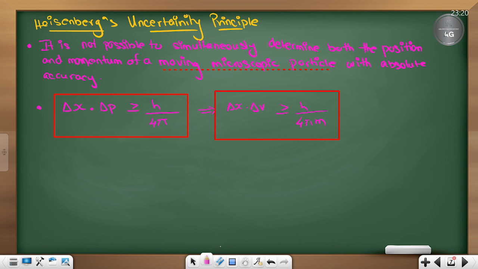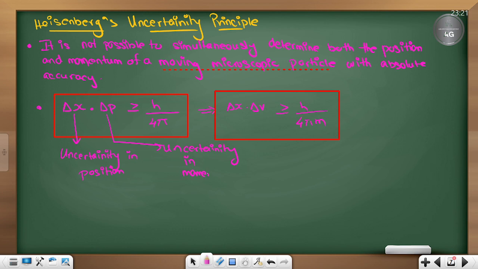Achha, what is this delta x? This is uncertainty in position. What is delta p?